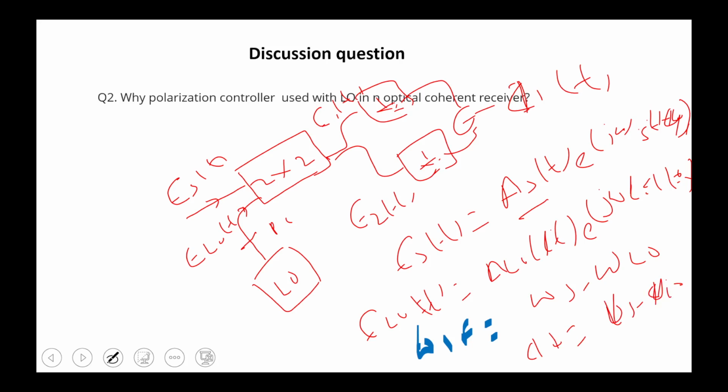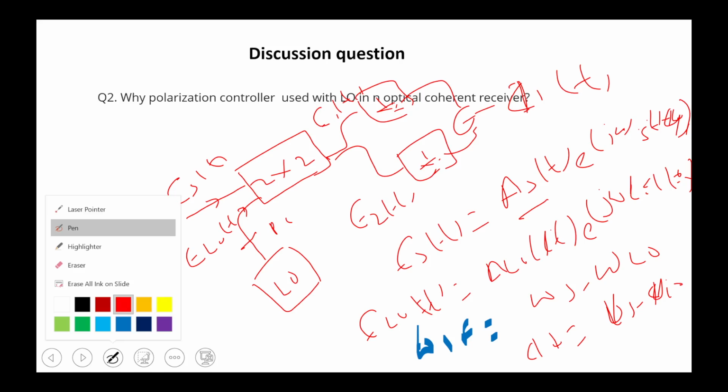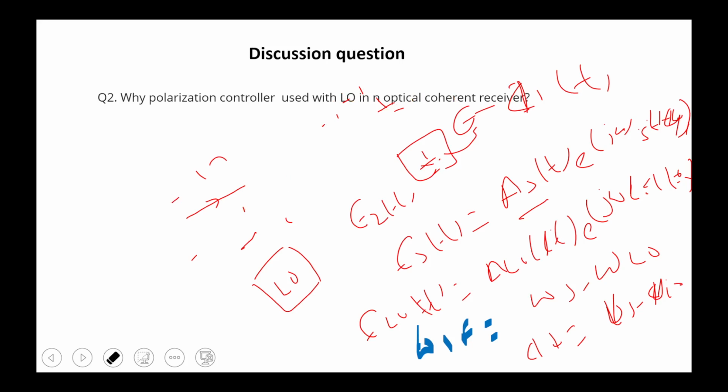So we assume that the signal and local oscillator are in the same polarization, meaning they have the same phase, same frequency, same amplitude, and there is no change in the phase of the signal.